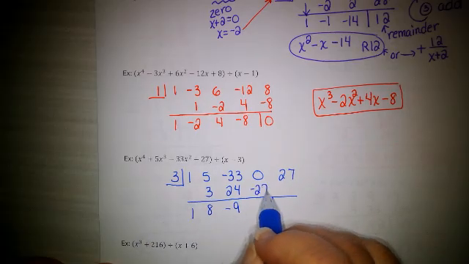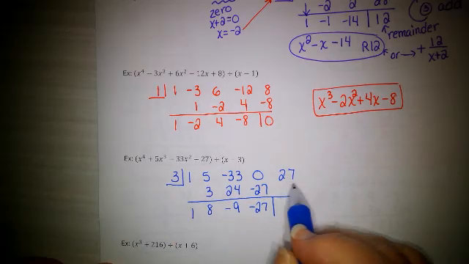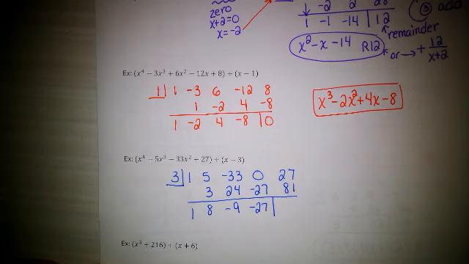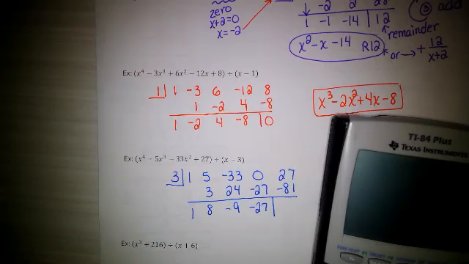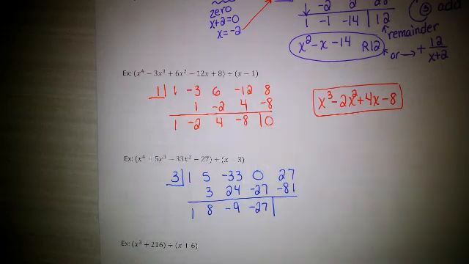Multiply. Add and multiply. Negative 81. All right. What is 27 minus 81? Negative 54.